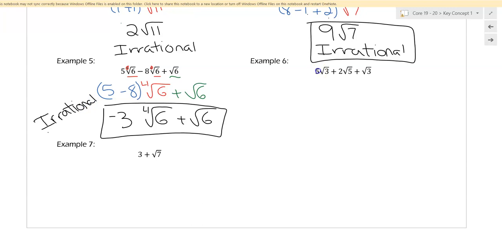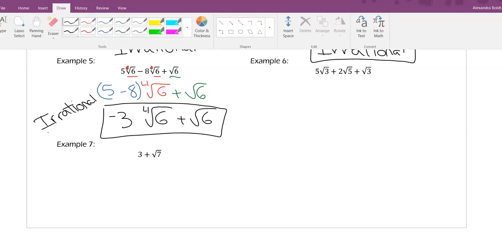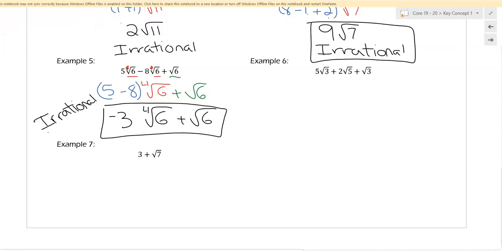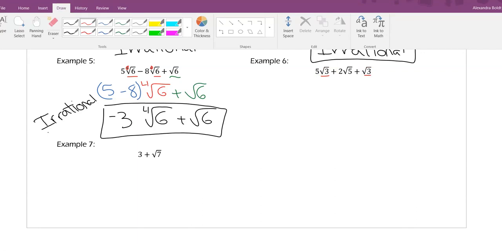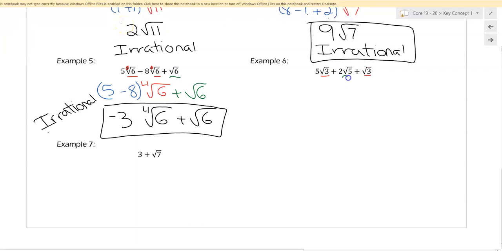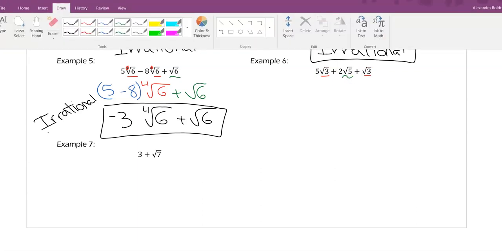5 square root 3 plus 2 square root 5 plus square root 3. If you look, these are the same. This is different. It has that 5.